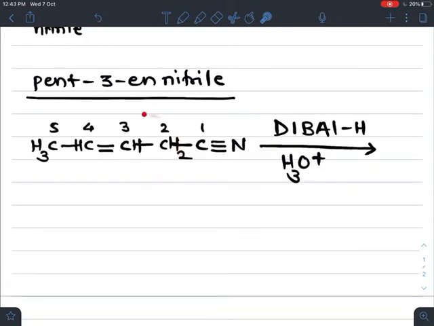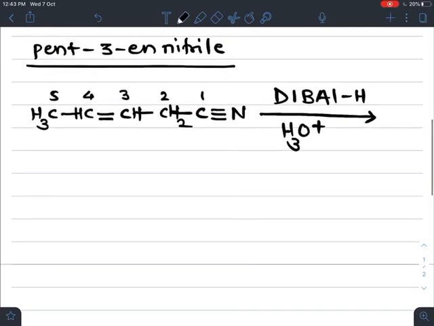The remaining unsaturated group remains as it is. So this is the advantage of this method. The unsaturation remains and does not undergo reduction. The CH=CH remains as it is, and only the CN group is converted into a CHO group.